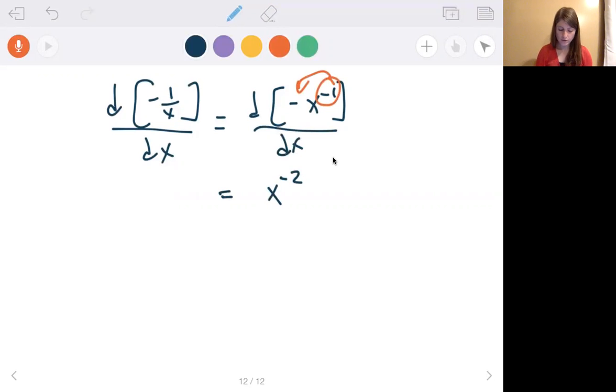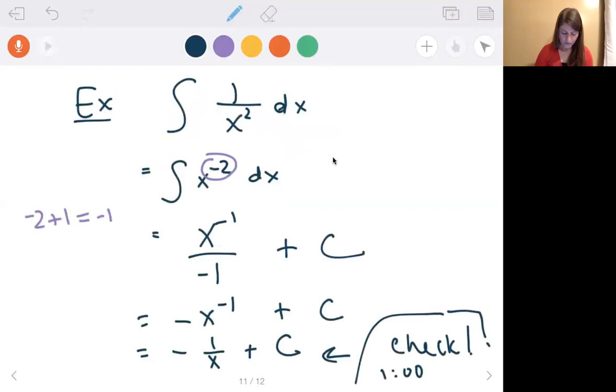So if we put this back into our form, this is really 1/x squared. So what we're looking for on the previous part is, notice what we found was the antiderivative of 1/x squared dx was -1/x. That means when we differentiate -1/x, we should get back 1/x squared.